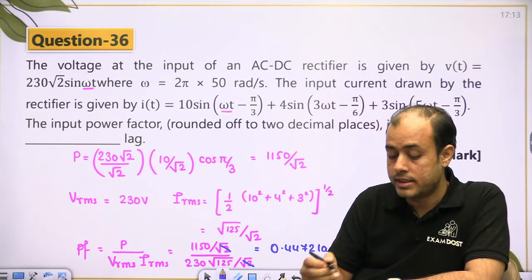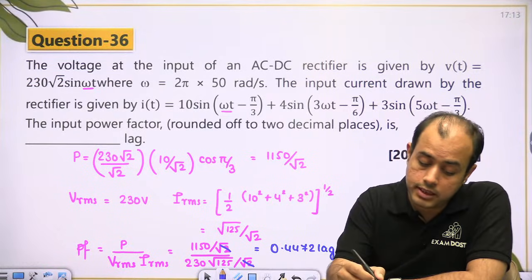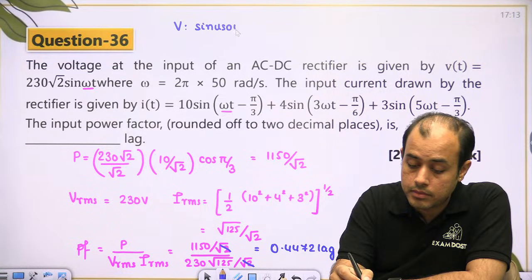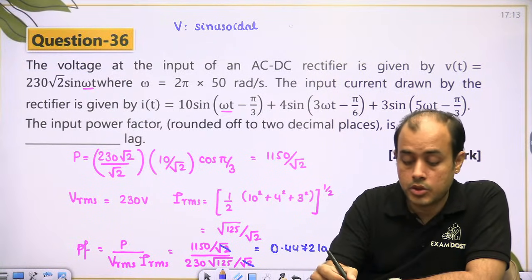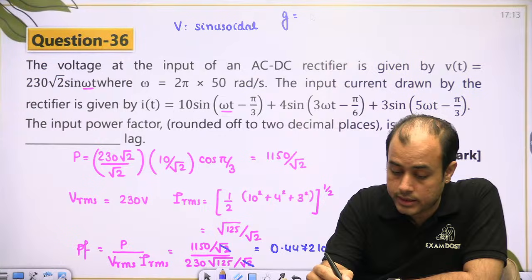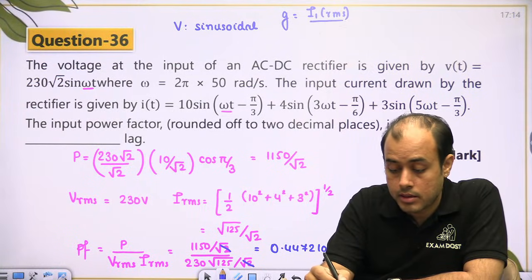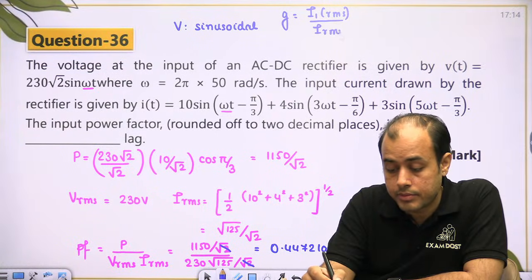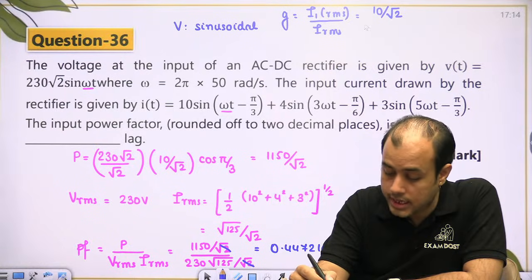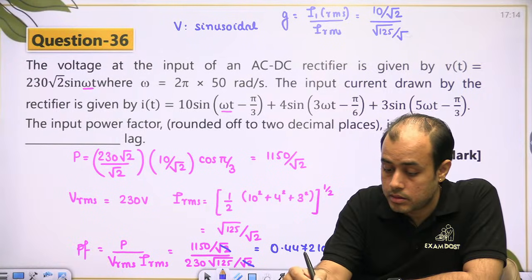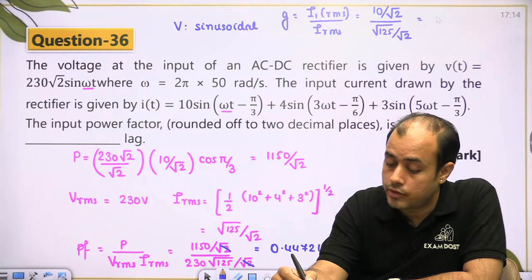There is one more method that you can try. Because the voltage is sinusoidal, you can say distortion factor is fundamental RMS by total RMS. Fundamental RMS is 10 by root 2. Total RMS we just now calculated, 5 root 5, 2 by root 5.